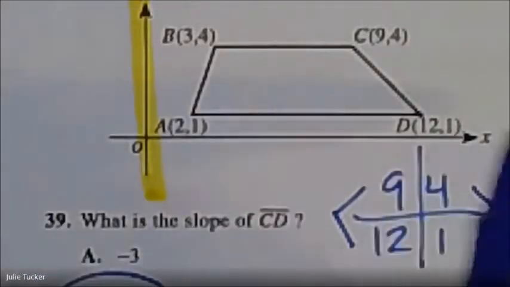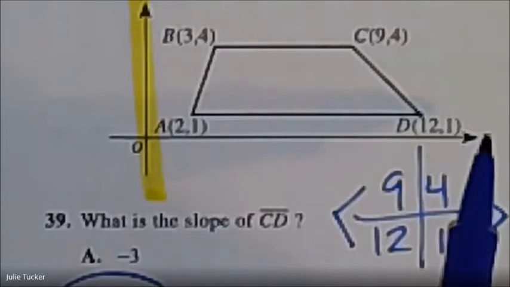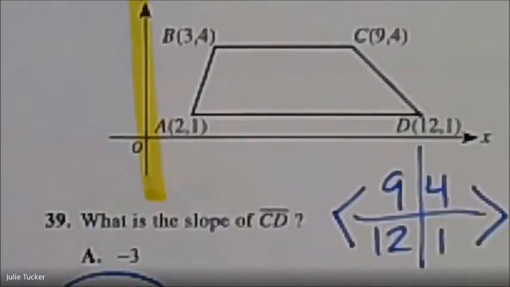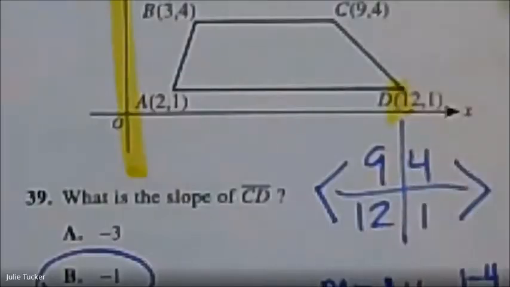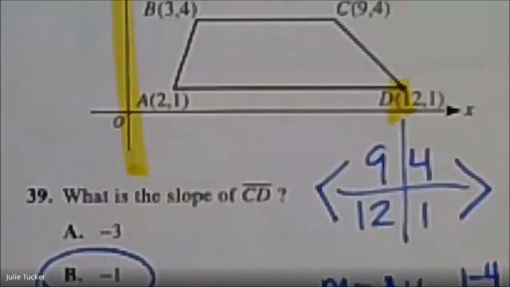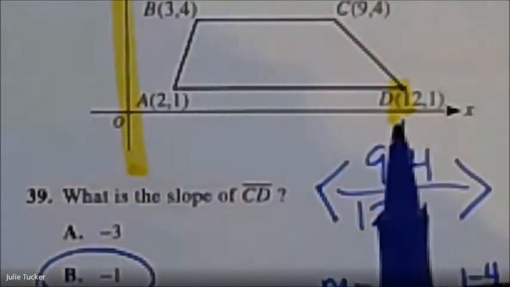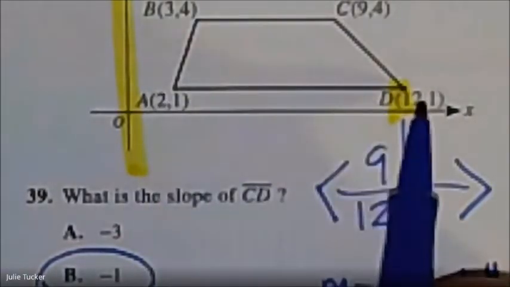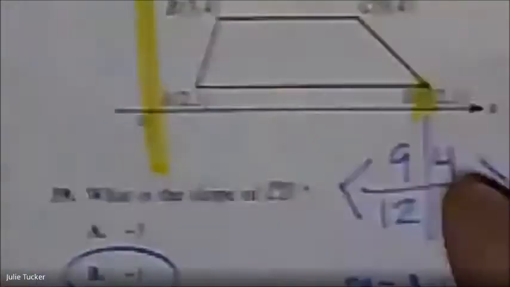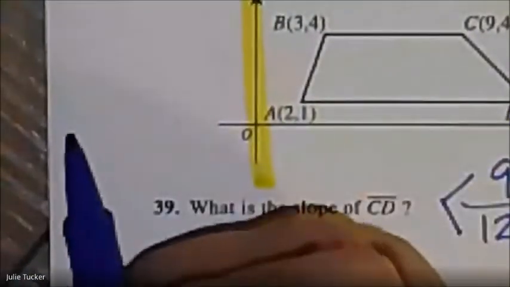Which number tells you the side-to-side distance from the origin? Your x coordinate tells you side to side. Your x is your horizontal. So instead of being 12 units on this side, it's going to be 12 over here, right?